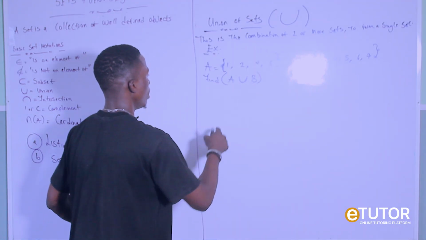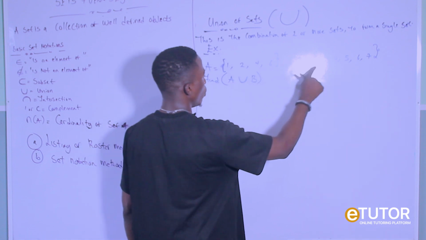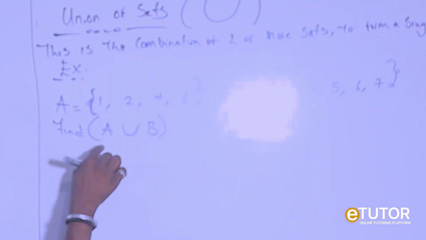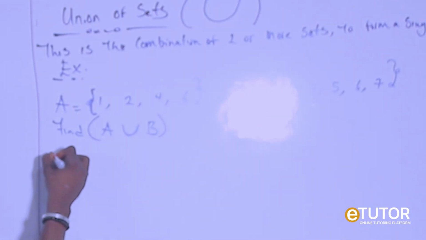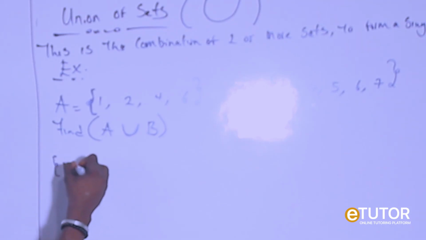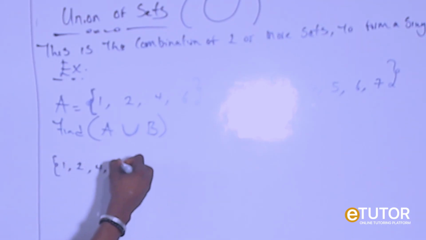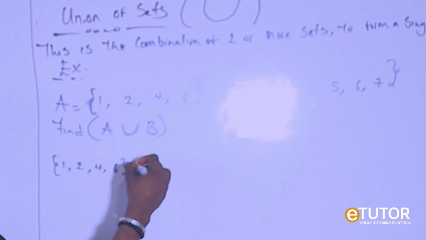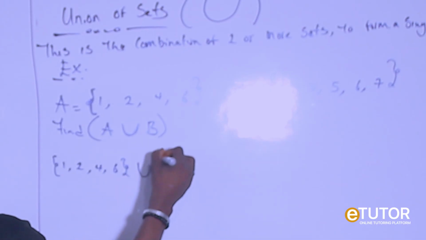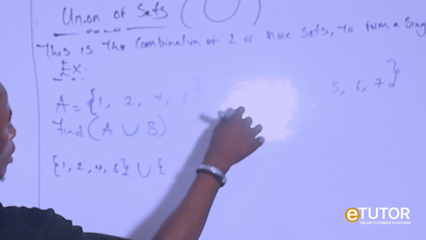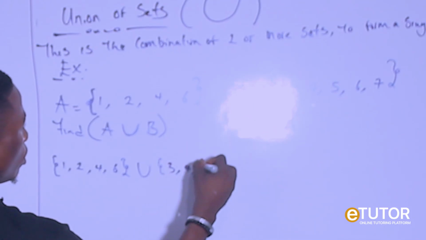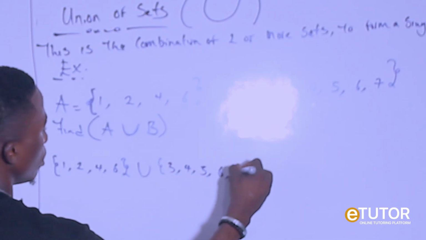So let us do that together. A equals this and B equals this. You are asked to find A union B. So my set A is equal to {1, 2, 4, 6} union set B, {3, 4, 5, 6, 7}.